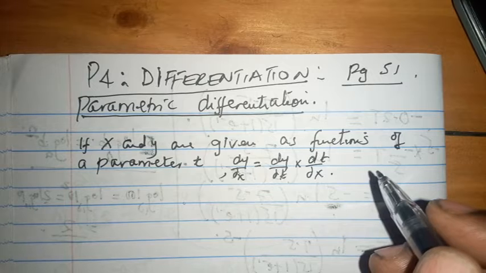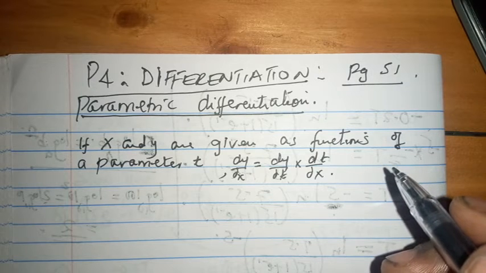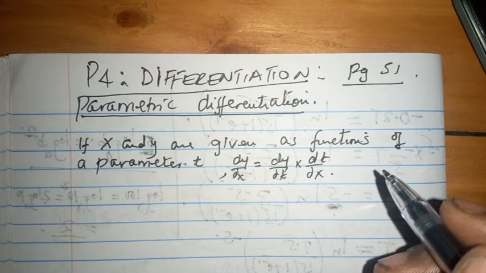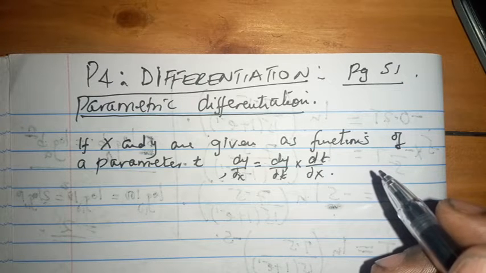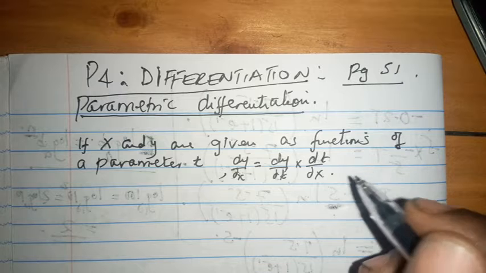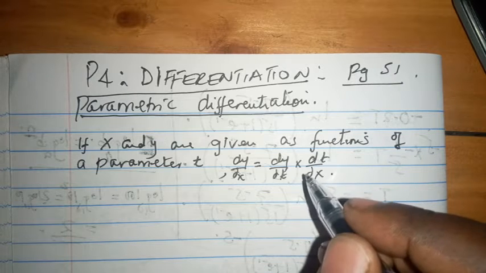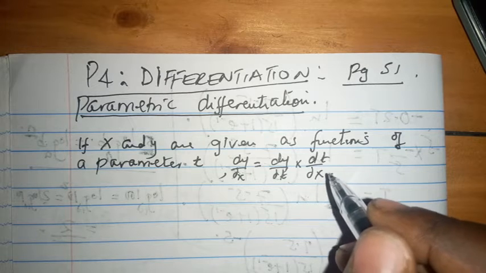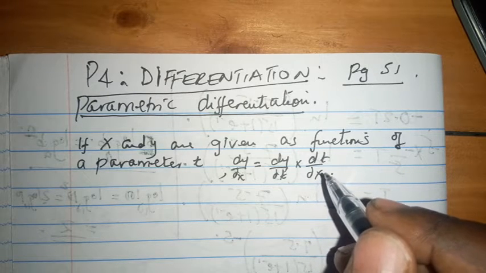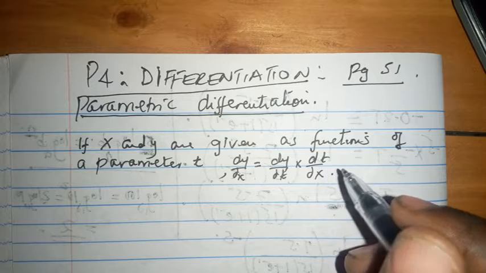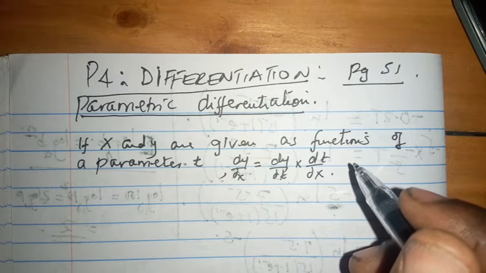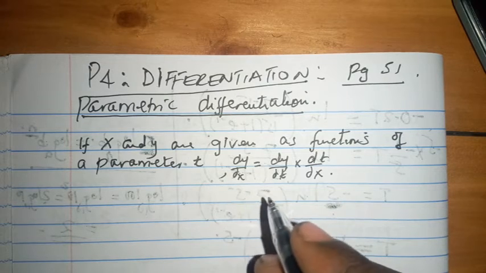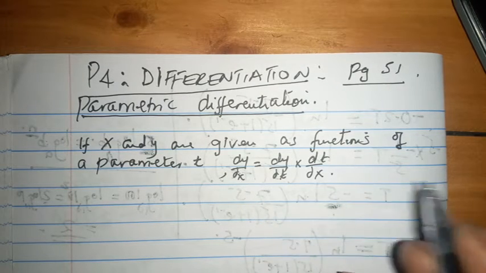This is of course part of the chain rule, and it follows that dy/dt multiplied by dt/dx gives dy/dx. Of course you can also obtain dy/dt.